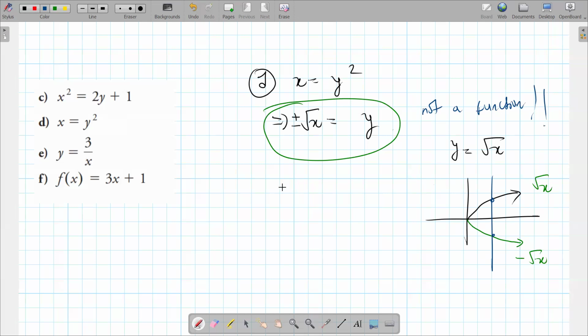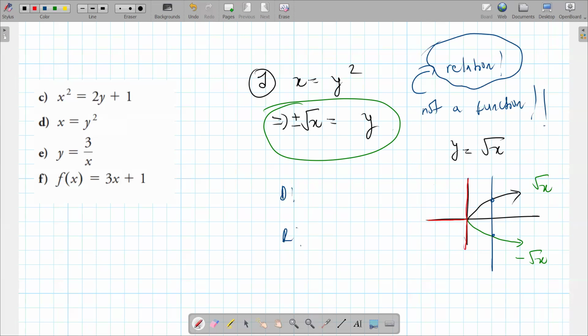Well, we could state the domain and range of this relation. So if it's not a function, we call it a relation. And we could state the domain and range of this. What happened to my curve? Okay. So this is the origin. I got super confused.